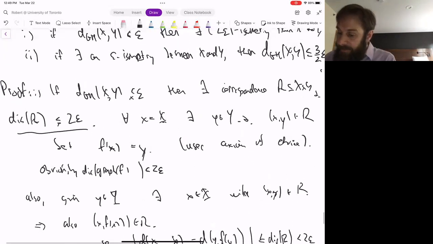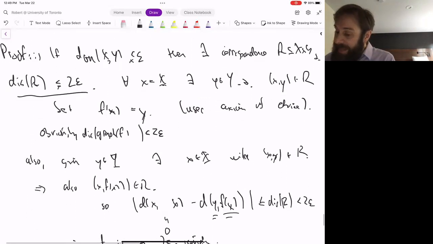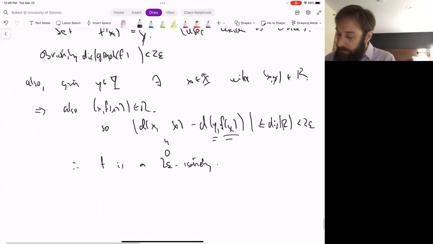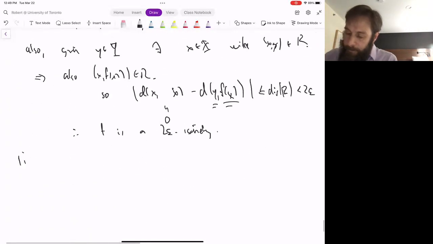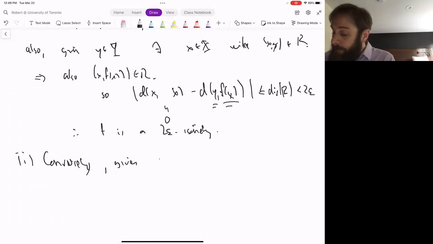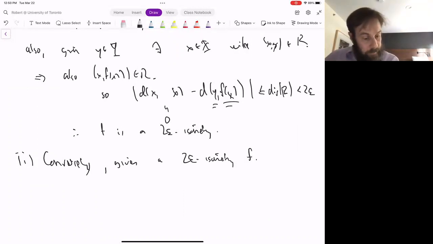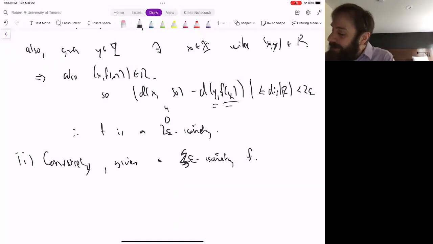And finally, the other way around, conversely, given an epsilon isometry F, I need to define a relation.